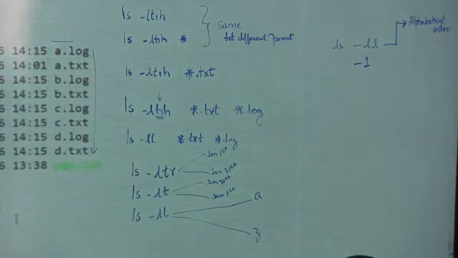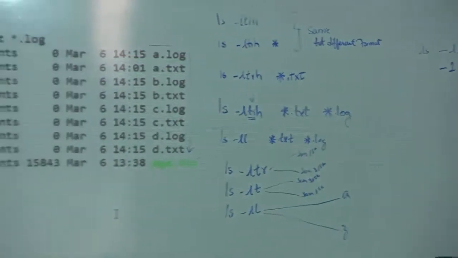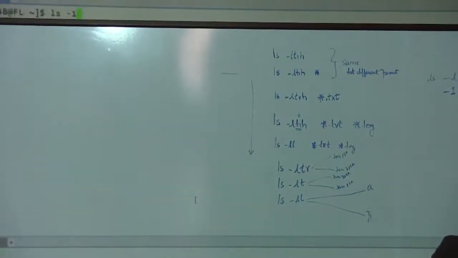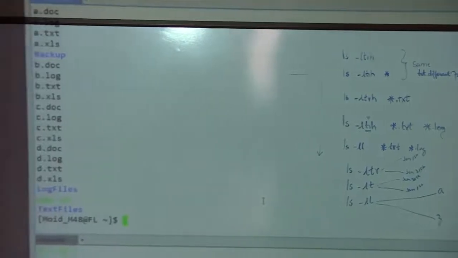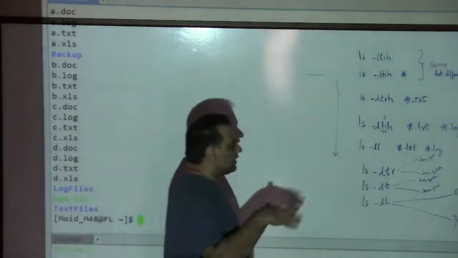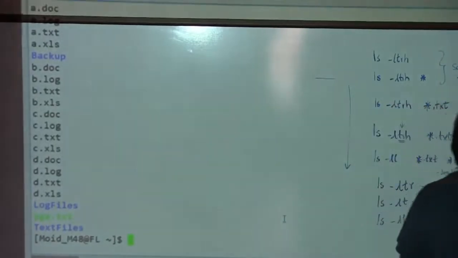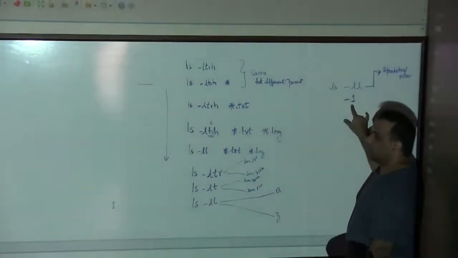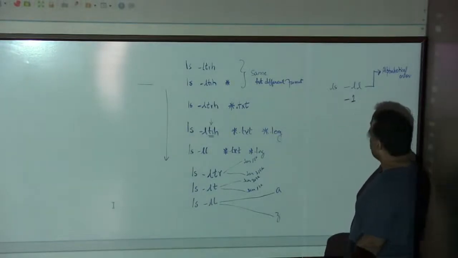So now what about -1? What does the 1 mean in here? So if I try ls -1, let's see what happens. It is showing me everything in alphabetical order, but it is not giving me the lengthy output. It is in vertical order, instead of going horizontal.